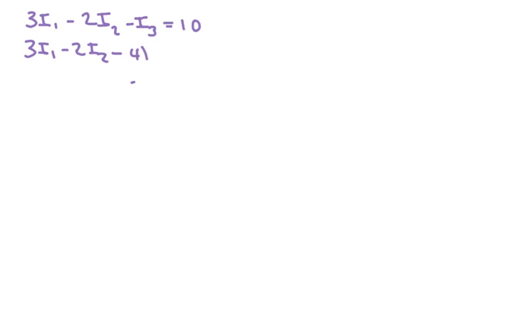The first one was 3I1 minus 2I2 minus I3 equals 10. We can rewrite that as 3I1 minus 2I2 minus 4V1 equals 10. And remember, V1 is 2 times (I1 minus I2).